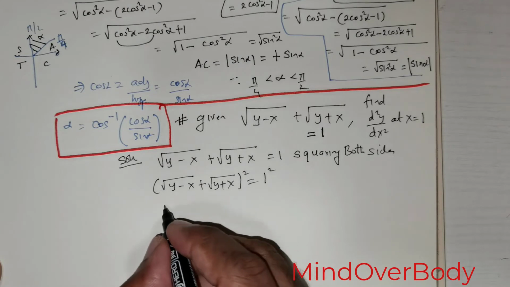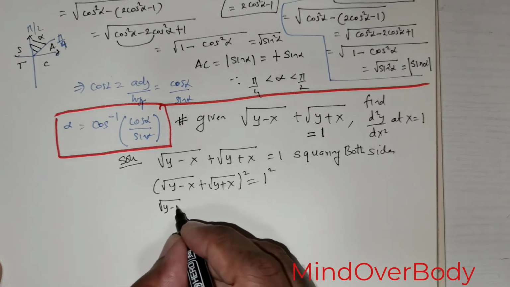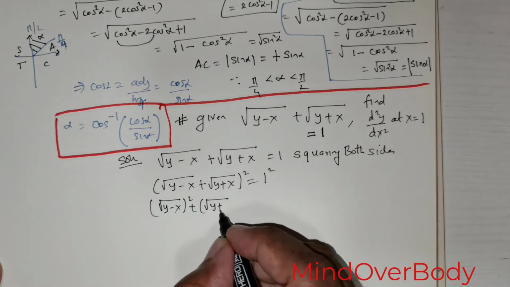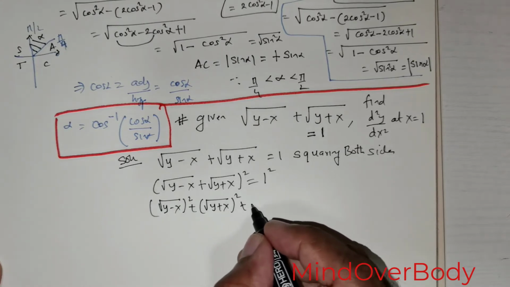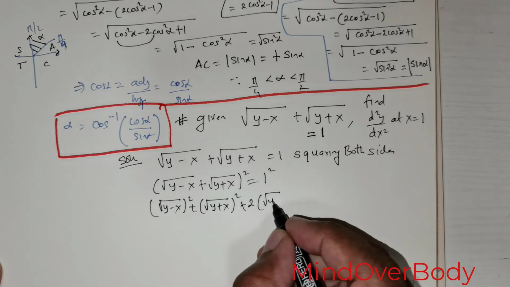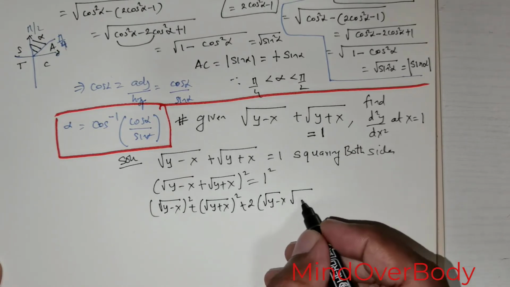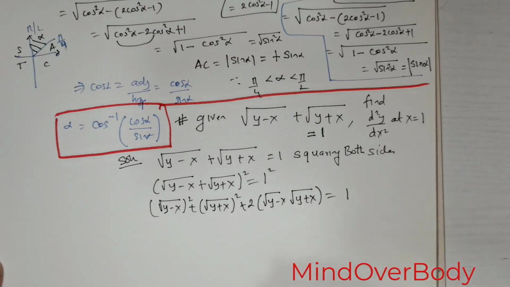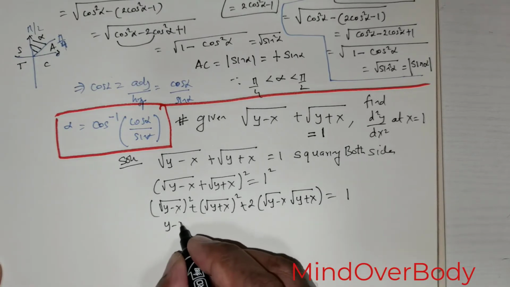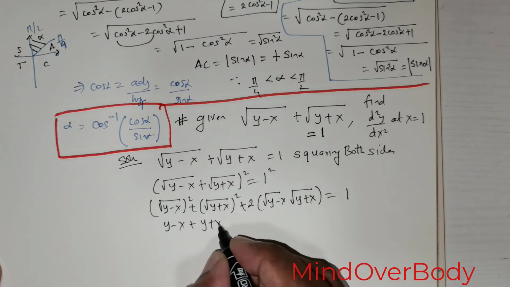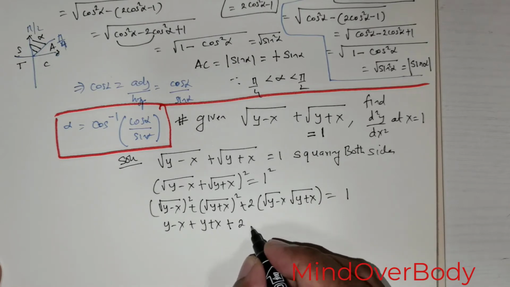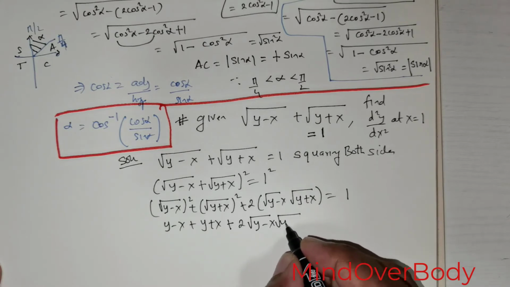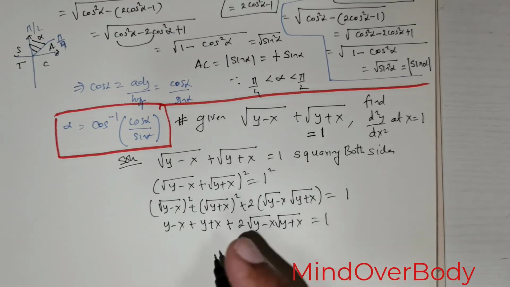If I were to square this, this is going to give me root of y minus x raised to the power of 2, plus root of y plus x raised to the power of 2, plus 2 times root of y minus x multiplied with root of y plus x, is equal to 1. This would give me y minus x, plus y plus x, plus 2 times root of y minus x times root of y plus x, is equal to 1.